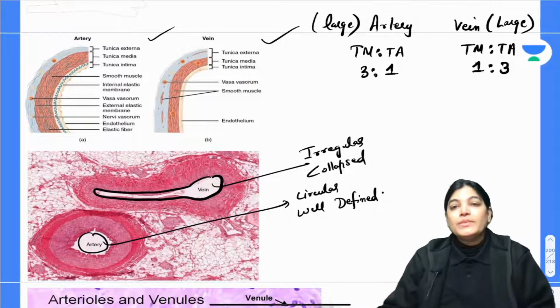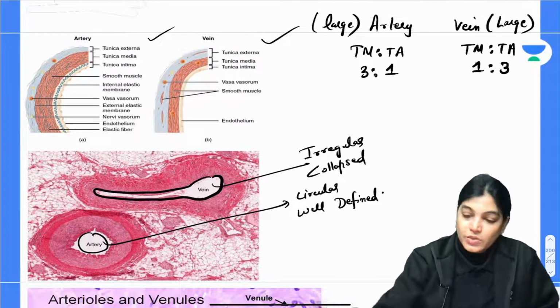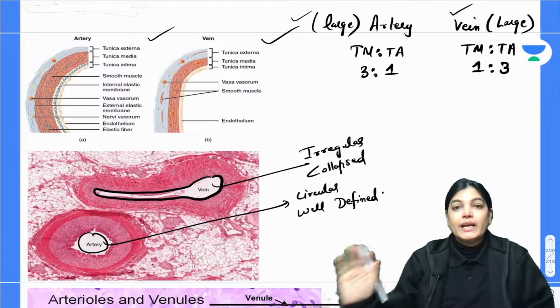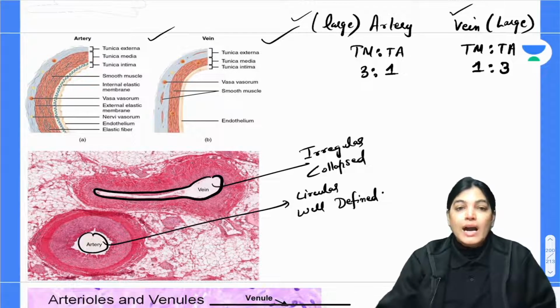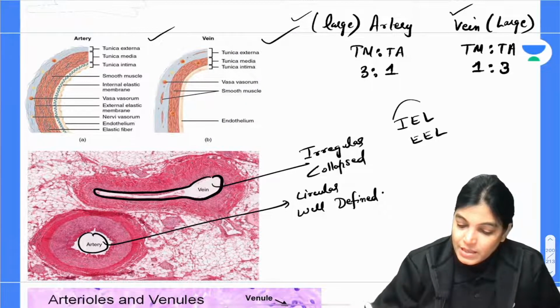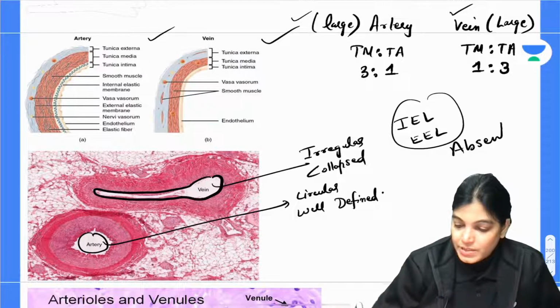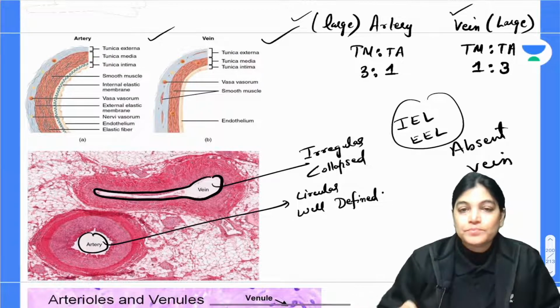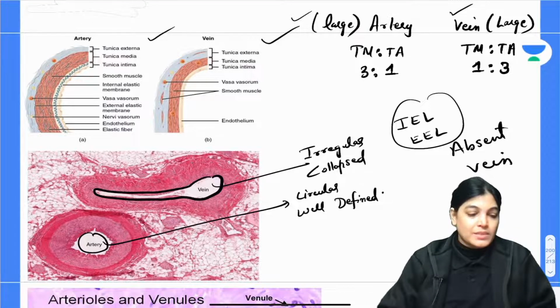That means tunica adventitia is 3 times thicker in case of vein, and tunica media is 3 times thicker in case of large artery. Also, the internal elastic lamina and external elastic lamina are absent in case of veins.